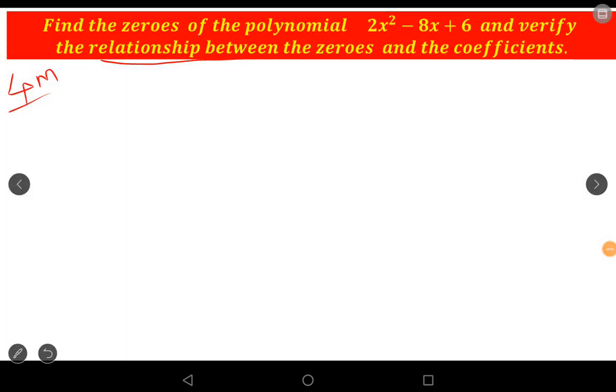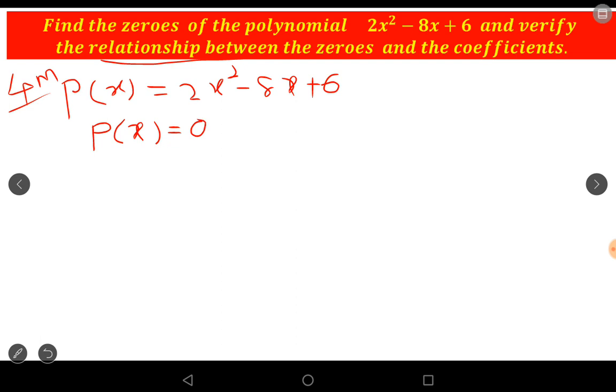Next, write first of all p of x equal to the given polynomial, 2x square minus 8x plus 6. This is a quadratic polynomial. Maximum 2 zeros are possible. First step: p of x equal to 0. Write down 2x square minus 8x plus 6 equal to 0.